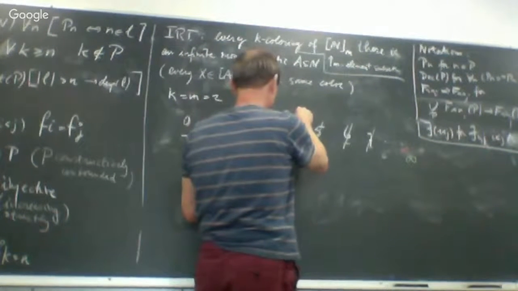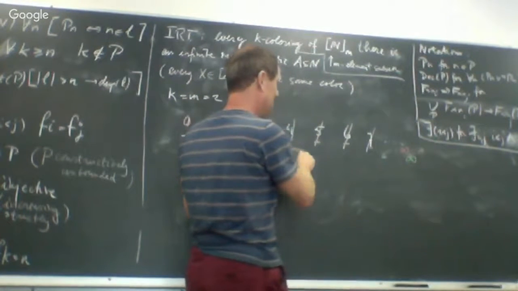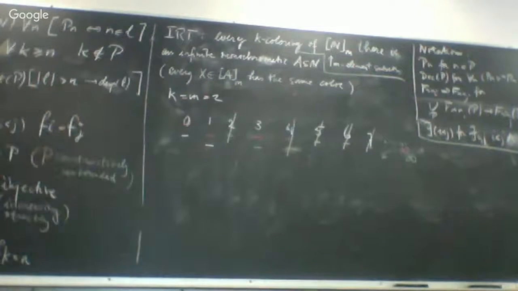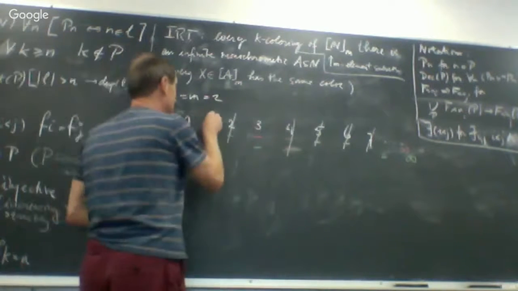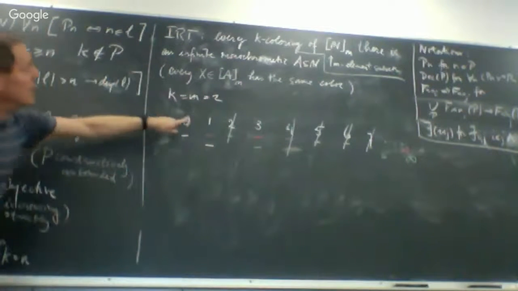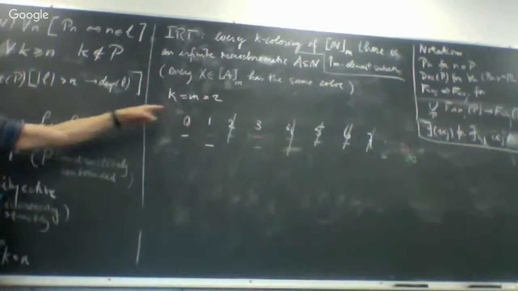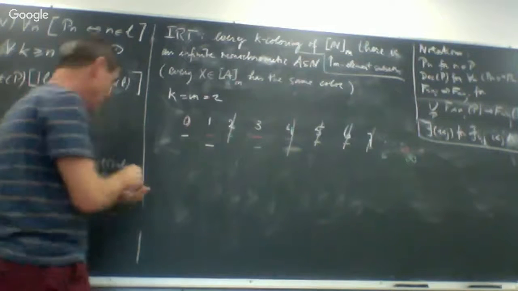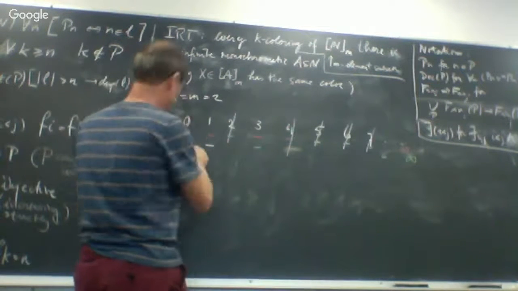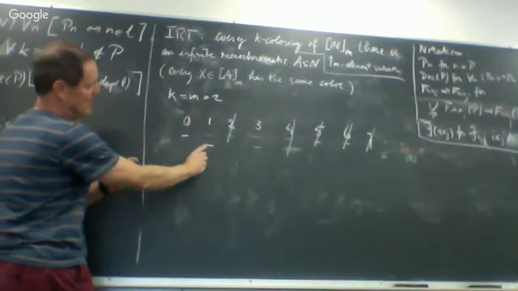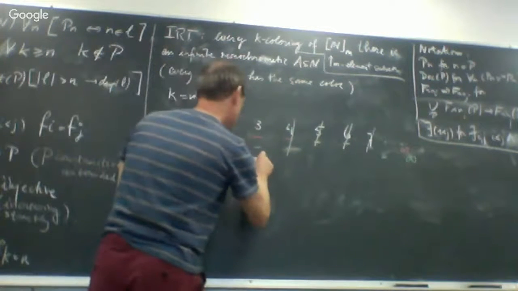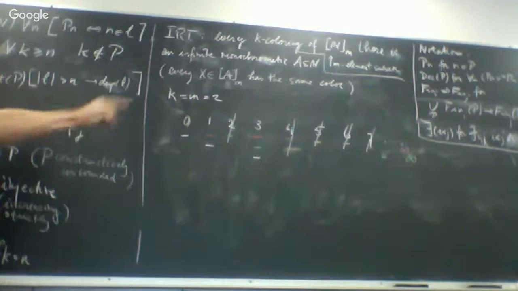But I keep an infinite subset of the natural numbers all the time. I only look to the right. So I start, and now I continue with this one, and only to the right.